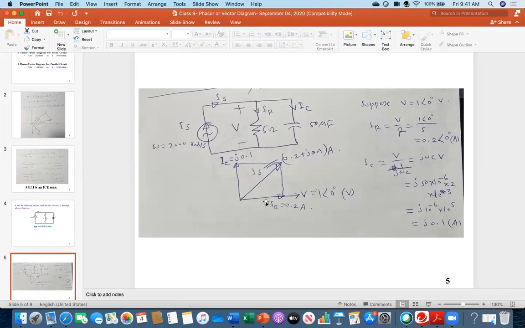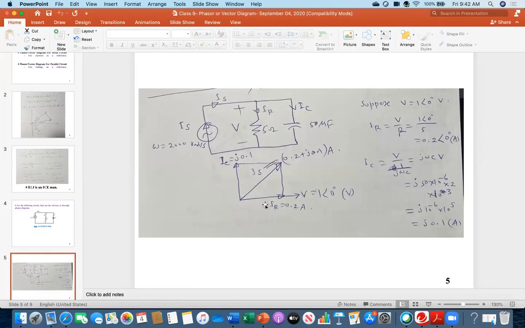So first, because this is a parallel circuit, I have to assume that voltage is the reference. So I drew the voltage. And you see, the magnitude is not given. That's why I assume, suppose V equal to 1 at an angle of 0 degree volt. So this is my reference line.